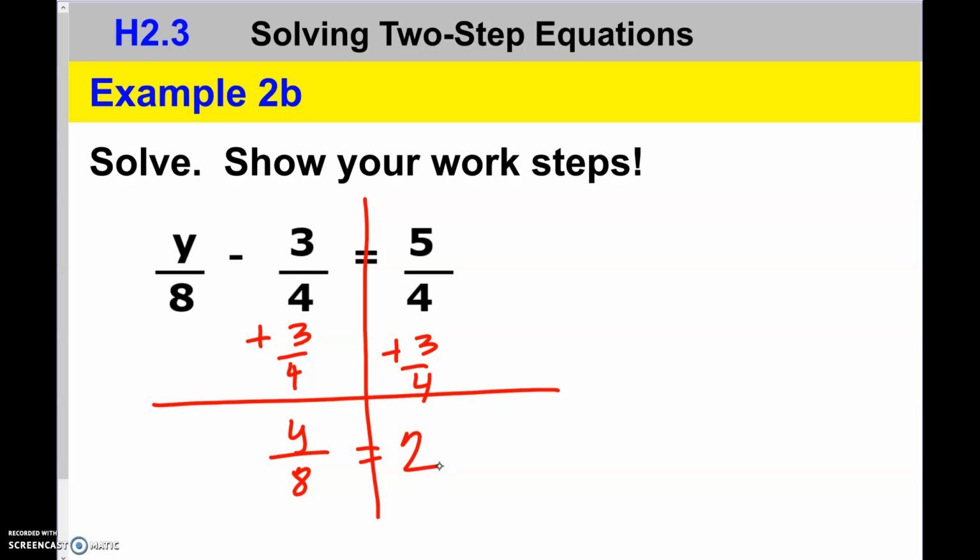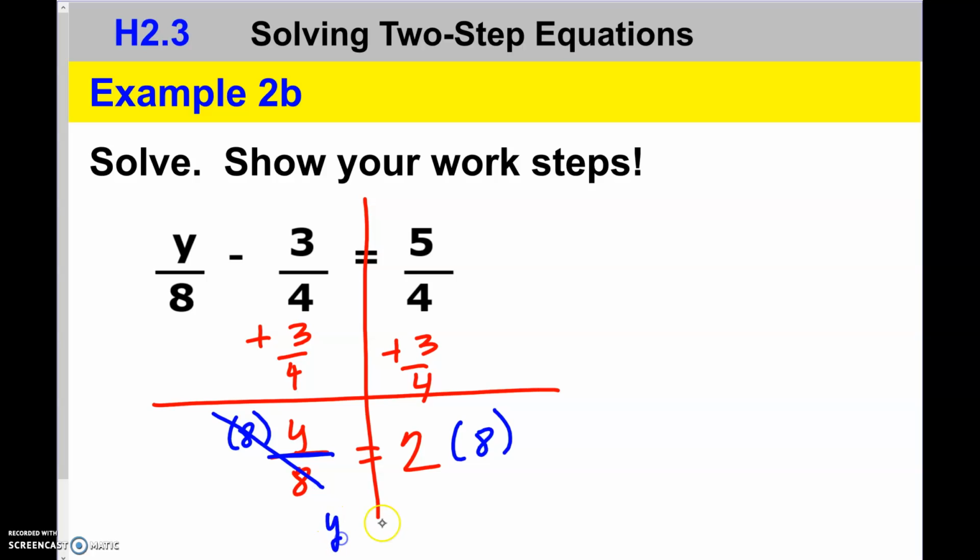All right, now what does this say? Y divided by 8. What's the opposite of dividing by 8? Is going to be to multiply by 8. So on the left-hand side, we have a y, 8 on top, 8 on the bottom. They simplify. 8 divided by 8 is 1, 1y.